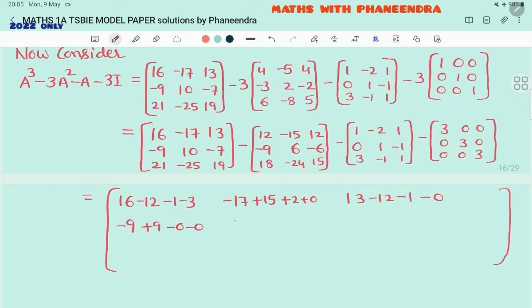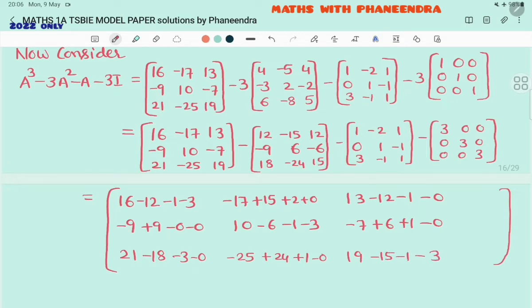Next 10 minus 6 minus 1 minus 3. Next minus 7 plus 6 plus 1 minus 0. Next 21 minus 18 minus 3 minus 0. Next minus 25 plus 24 plus 1 minus 0. Next 19 minus 15 minus 1 minus 3.